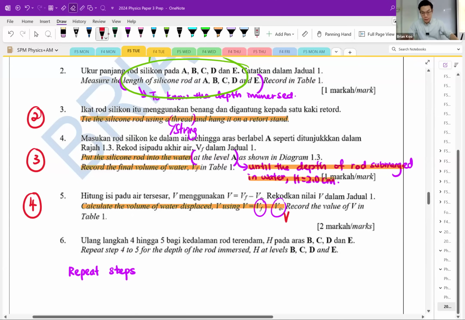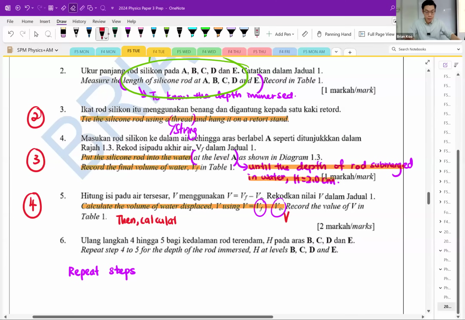Then calculate the buoyant force, FB, with the formula FB equals rho Vg. Okay, that's number four.